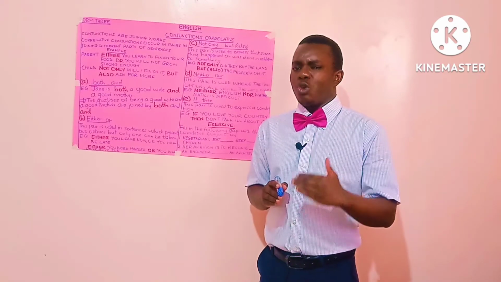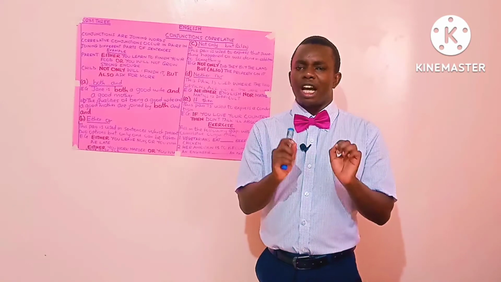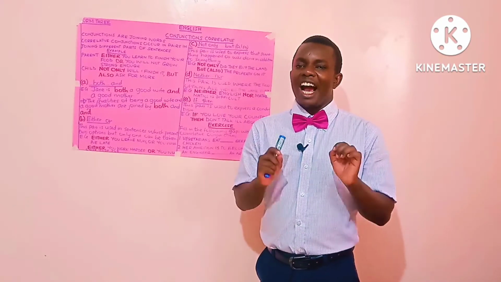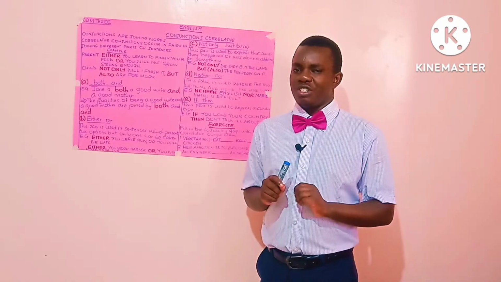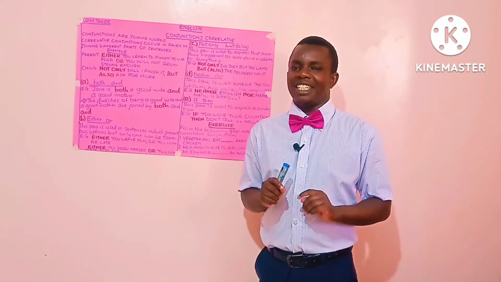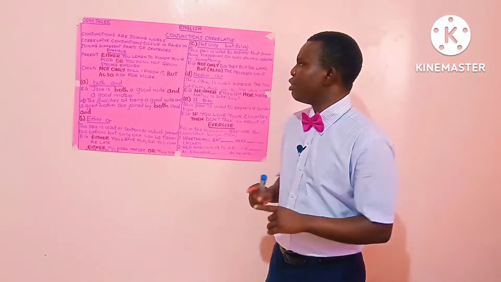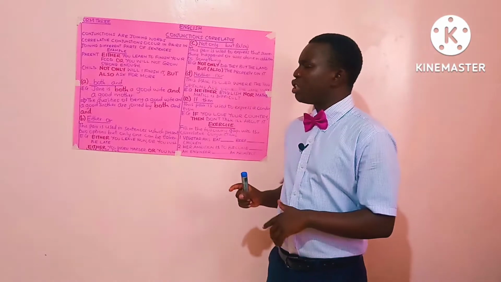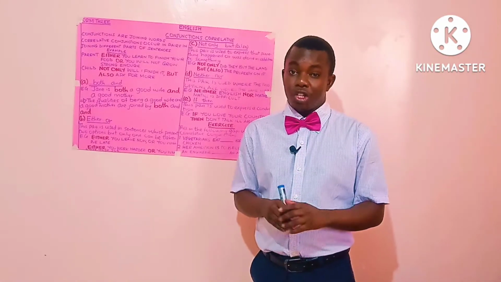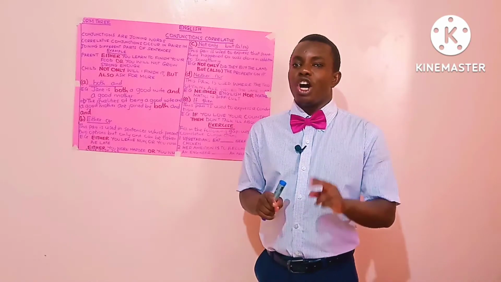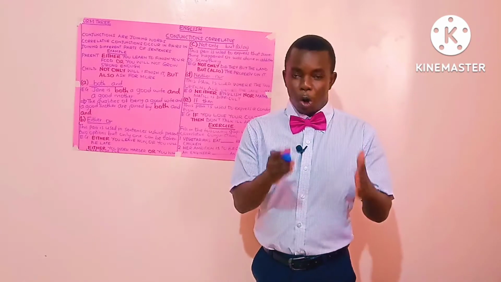Today, we are going to be specific on a particular type of conjunctions, and that is correlative conjunctions. What then is a correlative conjunction? Correlative conjunctions occur in pairs with an aim of joining different parts of a sentence.